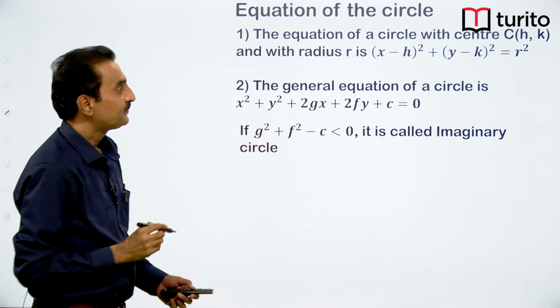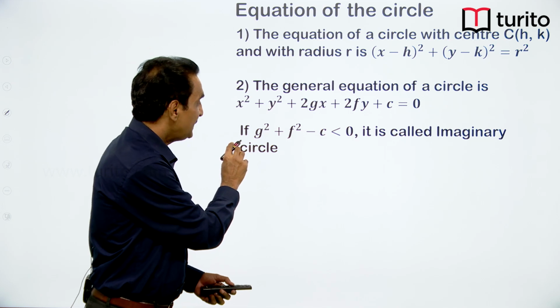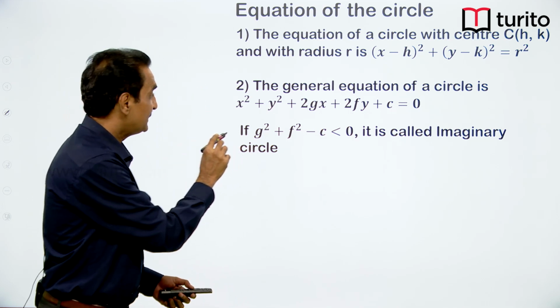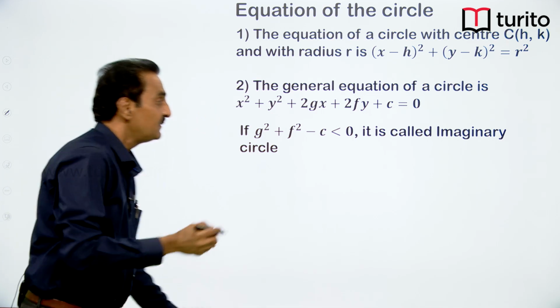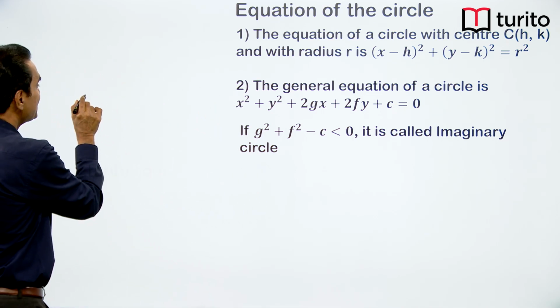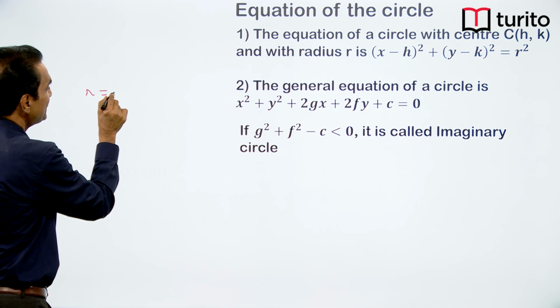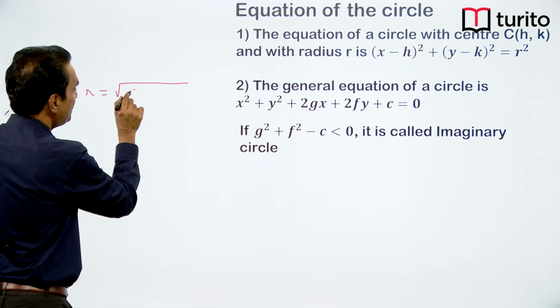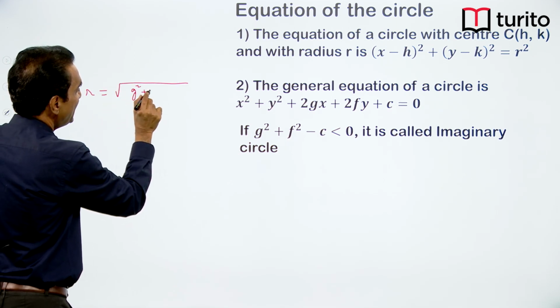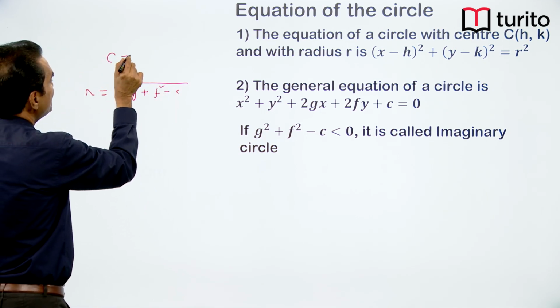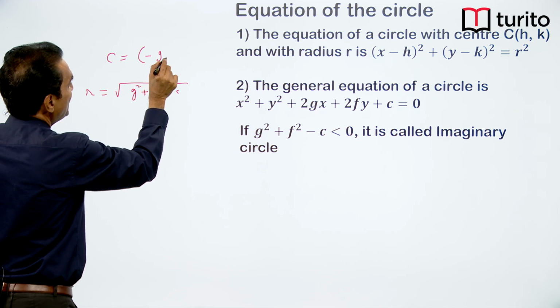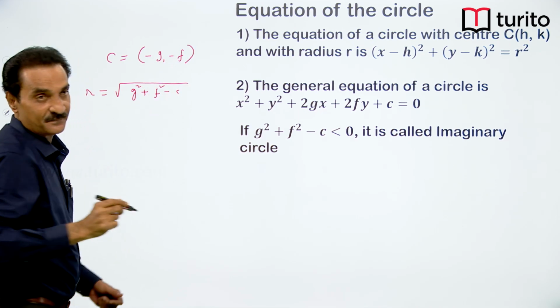Now, we just derived the formula for radius. Radius r is equal to square root of g square plus f square minus c, and center is (minus g, minus f).